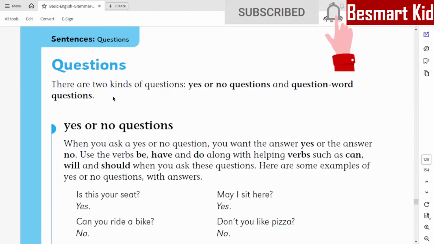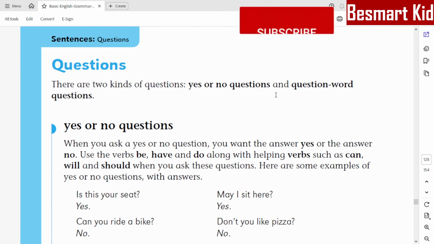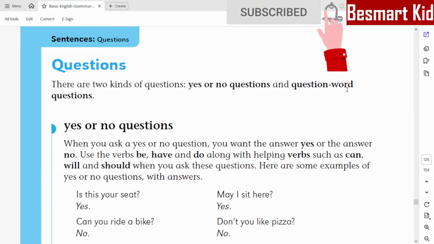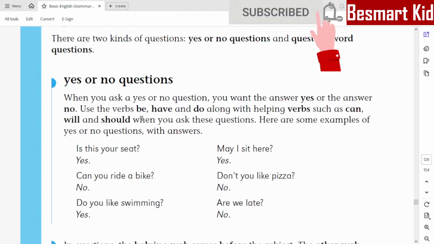Now we have questions. There are two kinds of questions: yes or no questions, and question word questions. Yes or no questions.